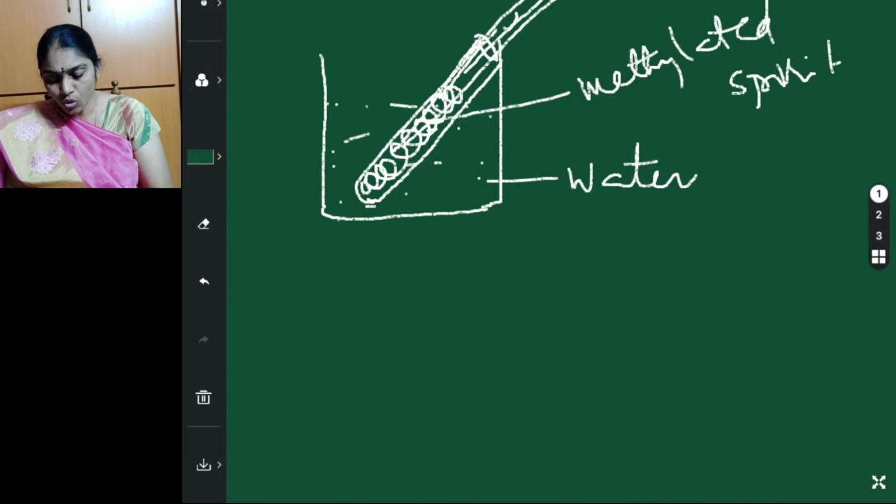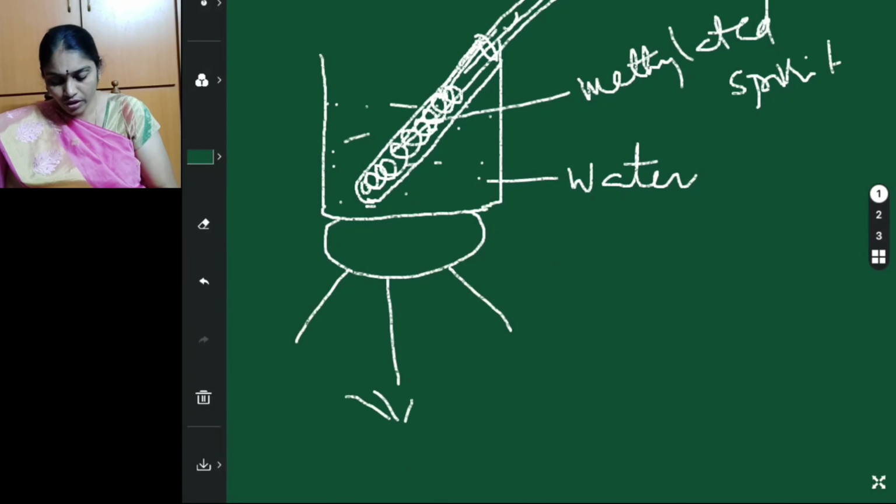You should place this whole setup on a tripod stand and now heat it with the help of a Bunsen burner.